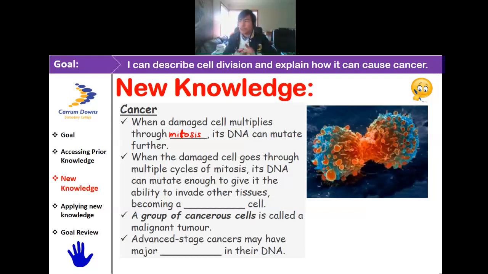Now, when the damaged cells go through multiple cycles of mitosis, then the DNA can mutate enough that it gives the cells the ability to invade other tissues. Okay, and when it does get this ability to invade other tissues, it has become a cancer cell.